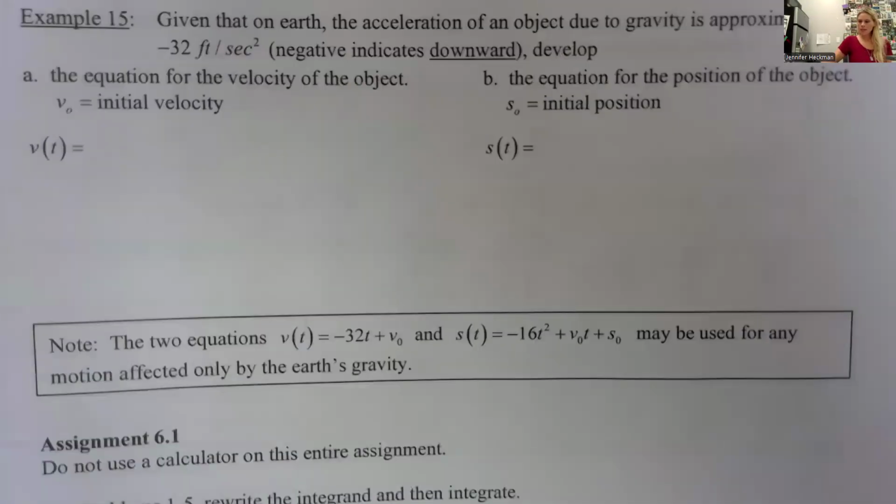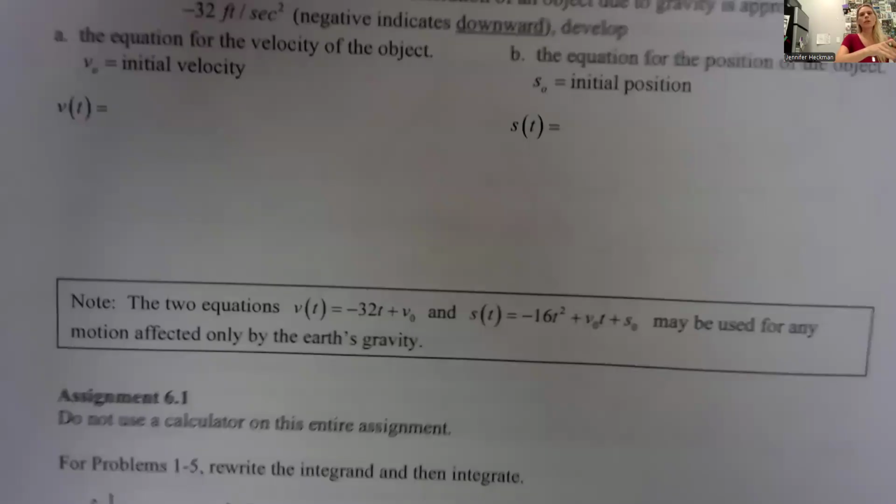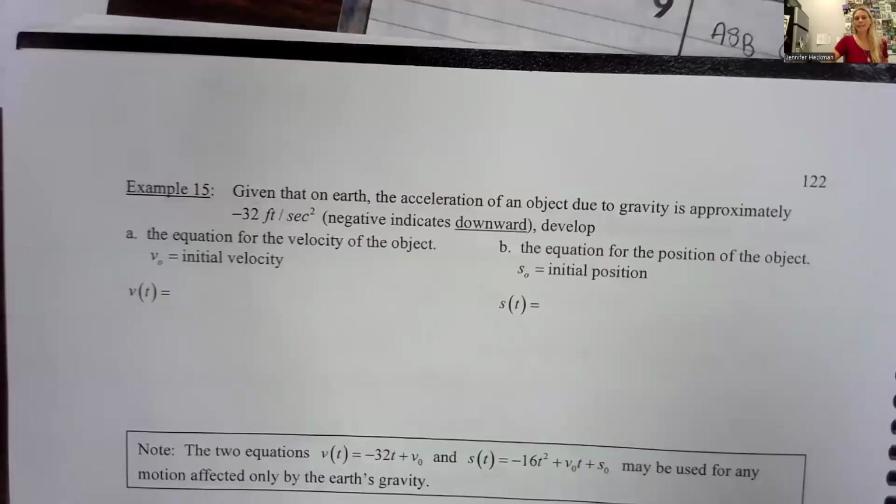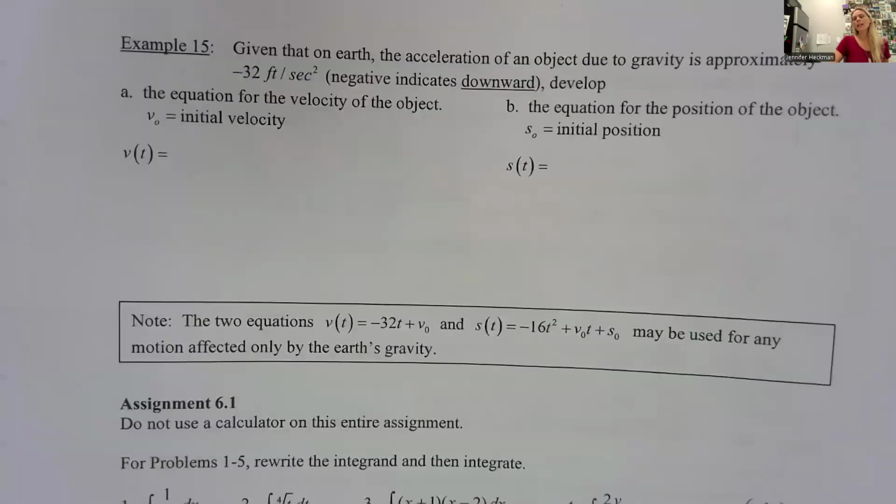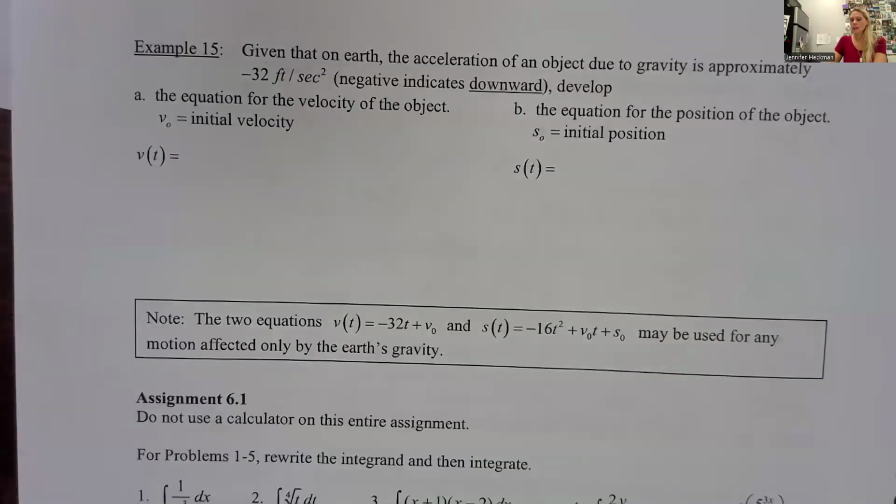All right. Now we're really going to go into not just position, velocity, acceleration, but we're going to see how physics really allows us to maybe get some answers faster. Because you saw how long it took for us to do the velocity and the position. Well, here's the idea.